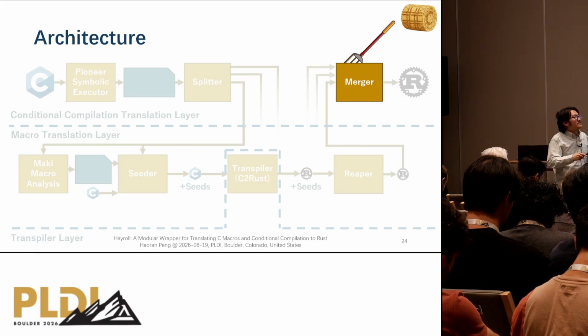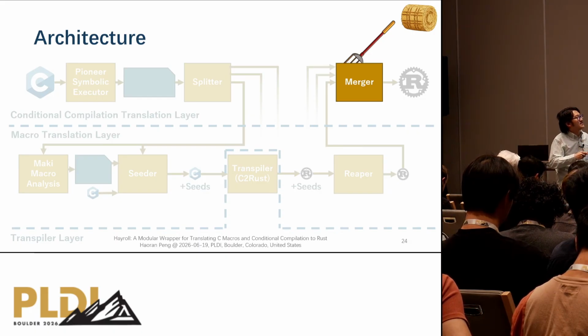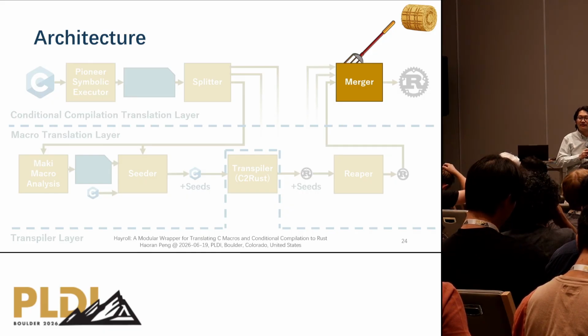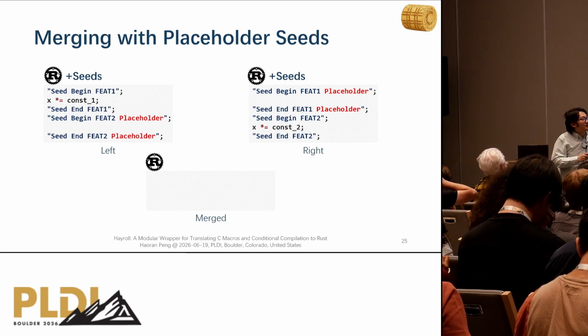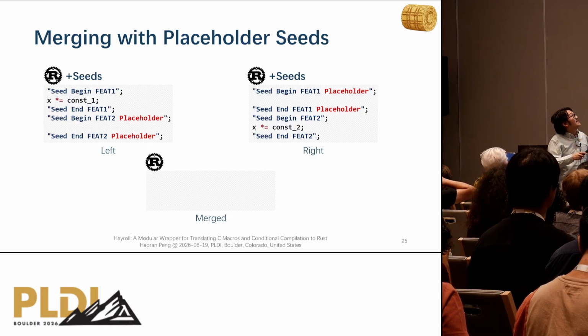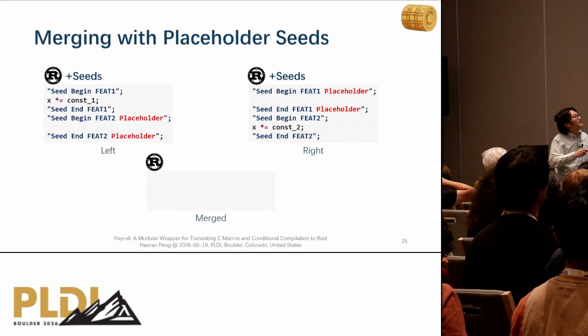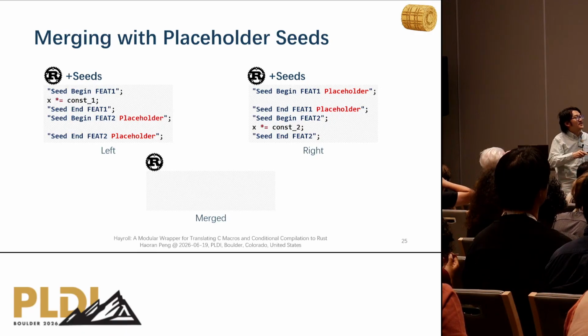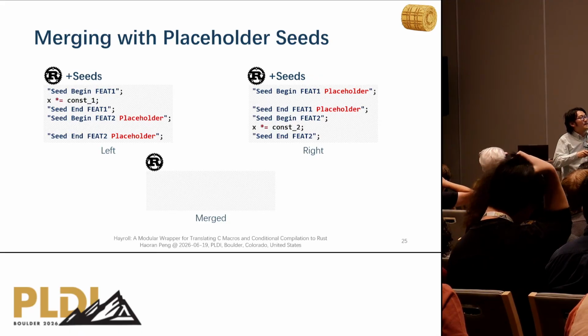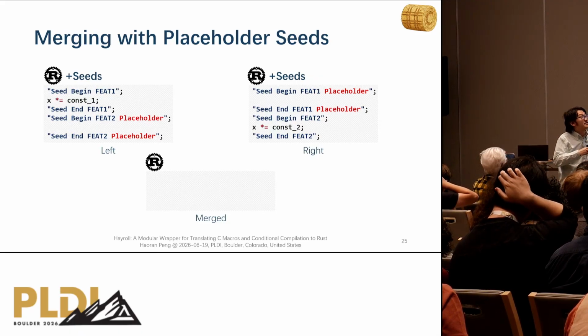Then we're back to the conditional compilation translation layer, where the merger merges all these versions of the software together into one configurable version. We do not do it by unification, because that's very costly. Instead, we had Cedar also put placeholder seeds for conditional ranges that are not enabled in these different versions of software.